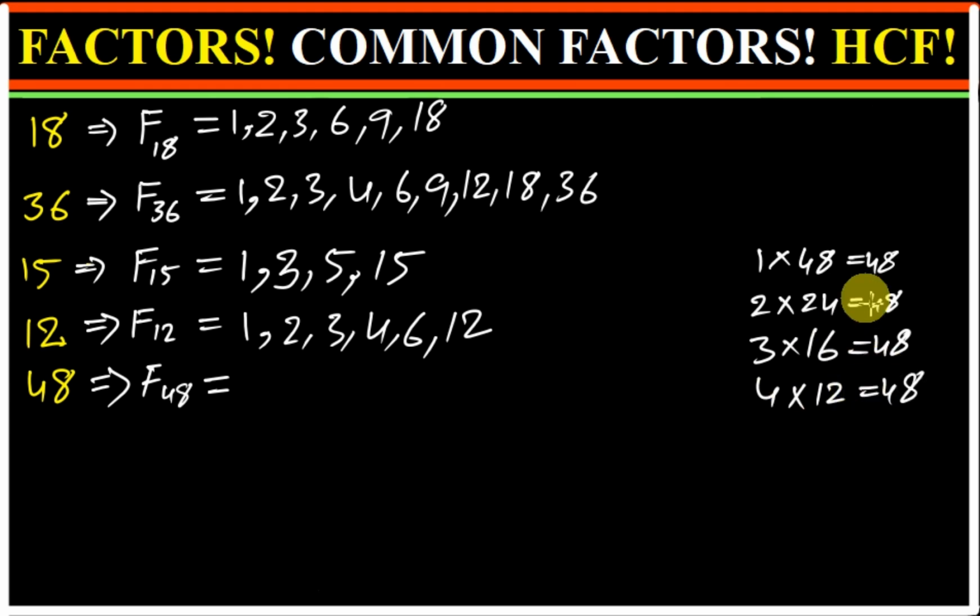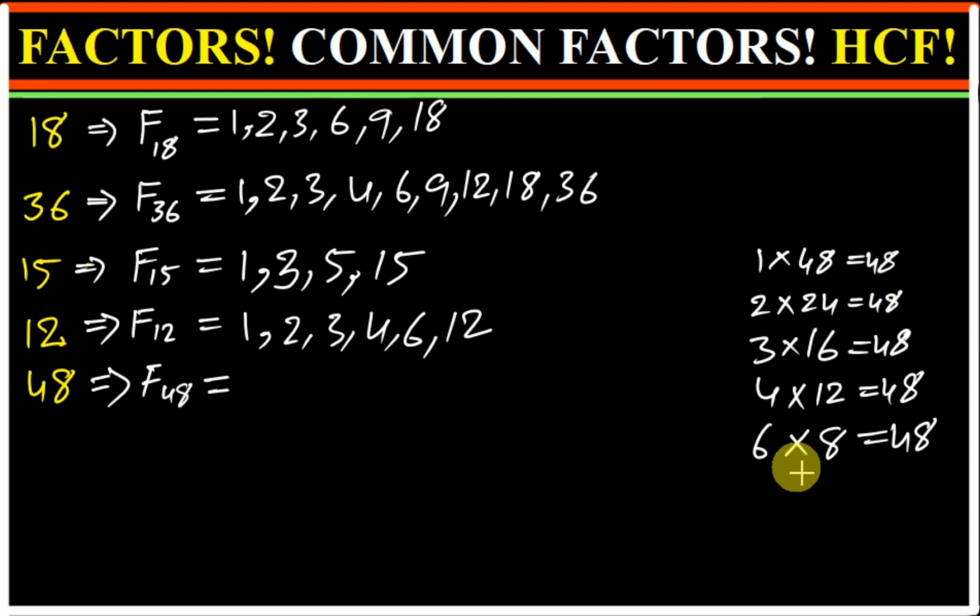Then 5, no, 5 cannot divide 48. 6, yes. So 6 is a factor of 48 because 48 comes in the 6 table. 6 times 8 is 48. In between there is only one number, 7, and 7 is not a factor of 48 because 48 doesn't come in the 7 table.